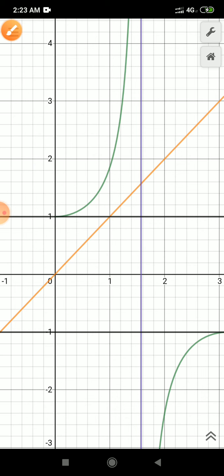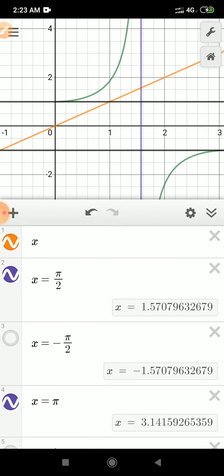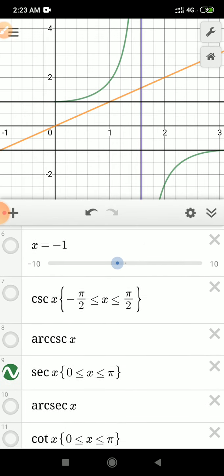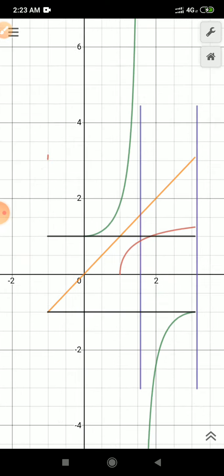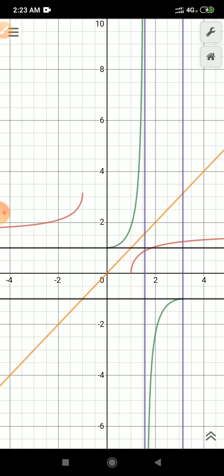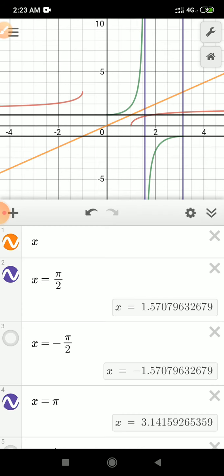So within this range the function will be invertible, and so now we are defining the inverse function. So the red graph is the inverse for sec. So let me remove the lines first.